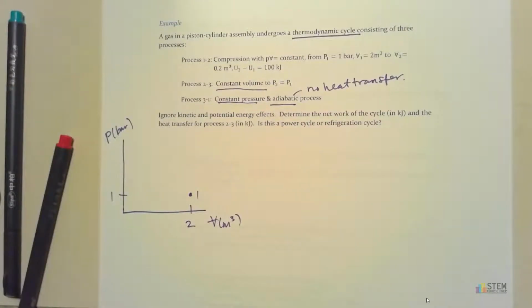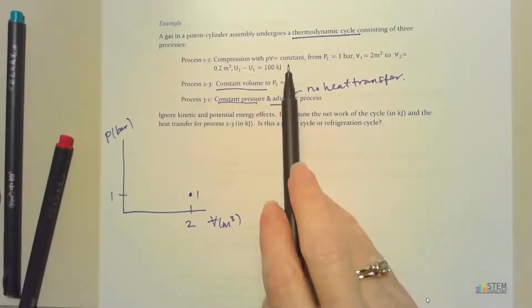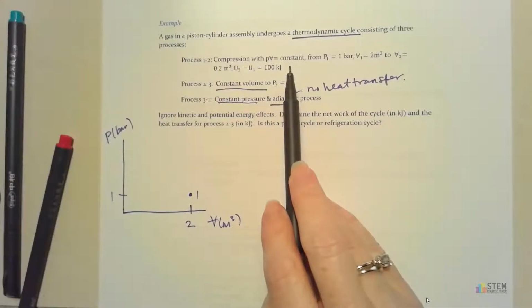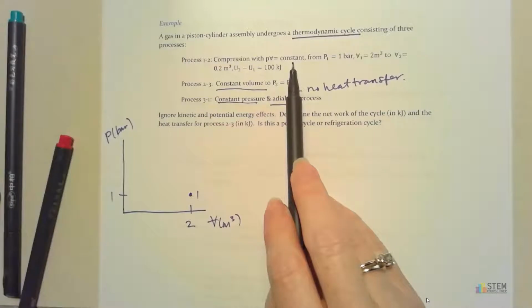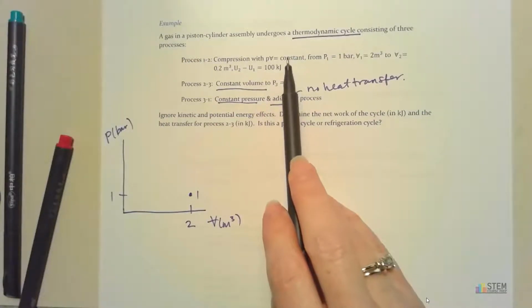Now at state 2, our volume goes down to 0.2, and we've got this relationship of PV equals constant. So we need to find the pressure at state 2. In order to find that, we have to use this relationship here.